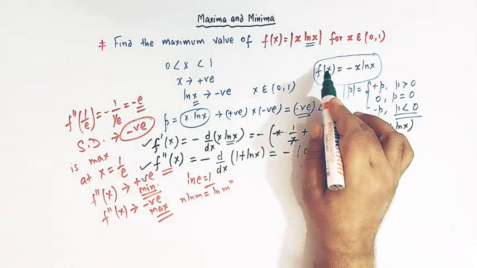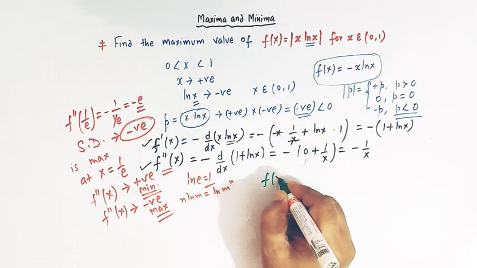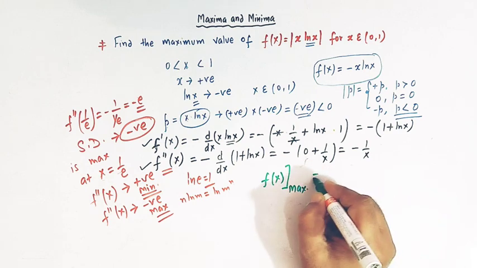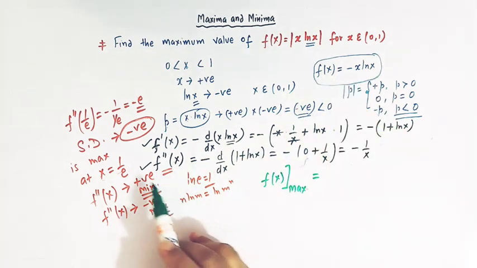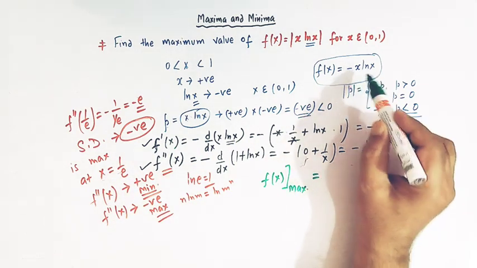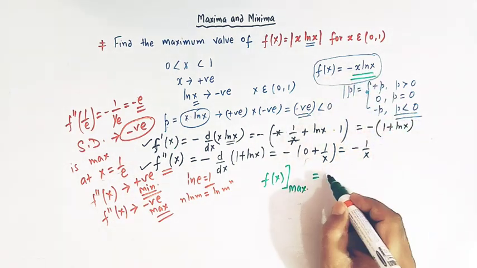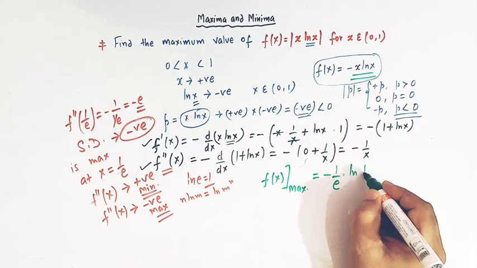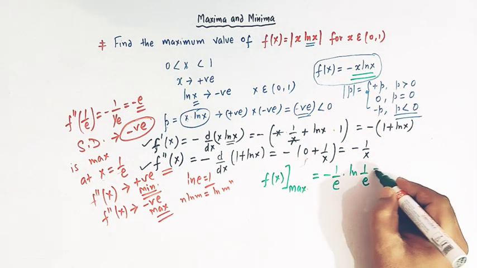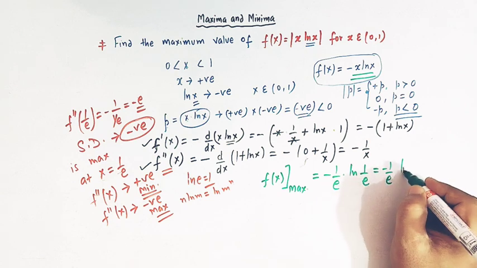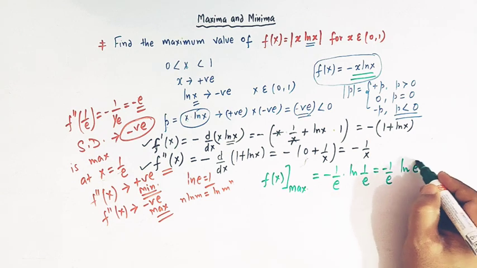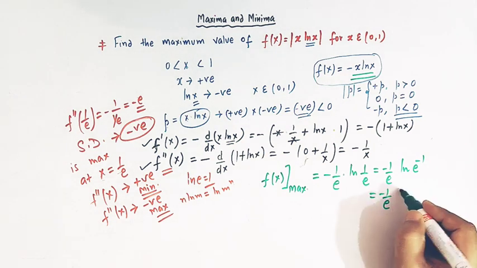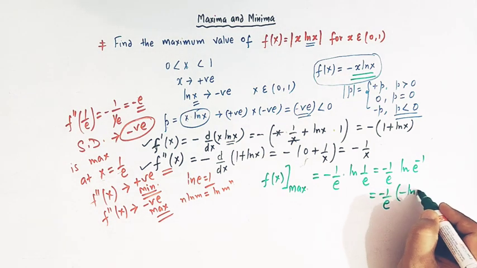Now to get the maximum value of f of x, we take x equal to 1 over e in this function. So we have minus 1 over e, and here we have log of 1 over e. Now 1 over e can be written as e raised to minus 1, so we have minus 1 over e and minus log of e.